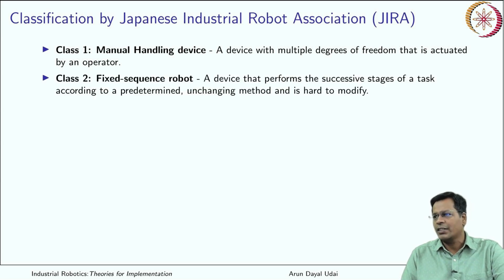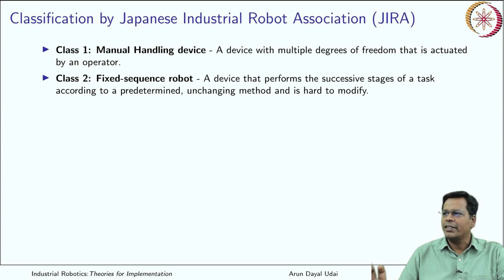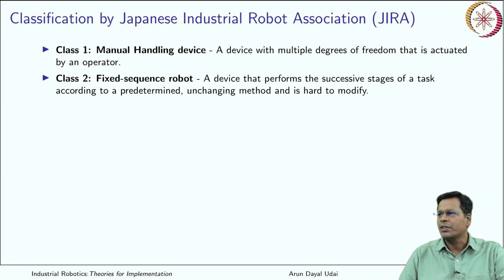Class 2 is a fixed sequence robot, a device that performs the stages of a task according to a predetermined, unchanging method and is hard to modify. It is very much like a CNC machine, but the way it differs from a CNC machine is basically the type of mechanism it is and maybe the task that it can perform.